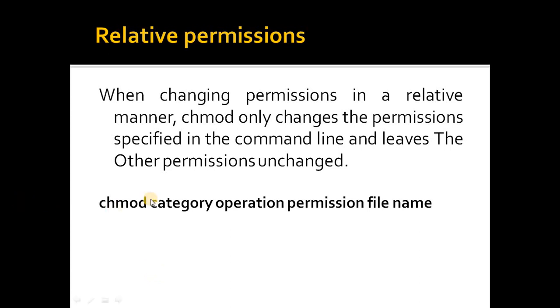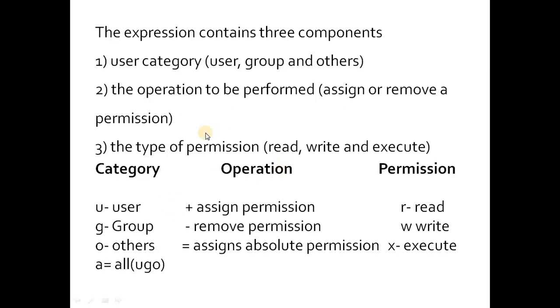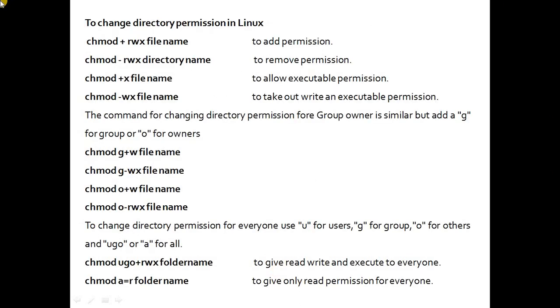The next is for operations. Plus will be to assign permission, minus will be to remove permission, and equal to assigns absolute permission, which we will see later. And for permissions, R is used for read, W is used for write and X is used for execute.